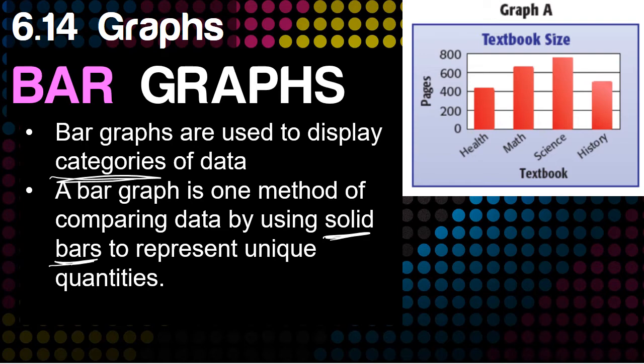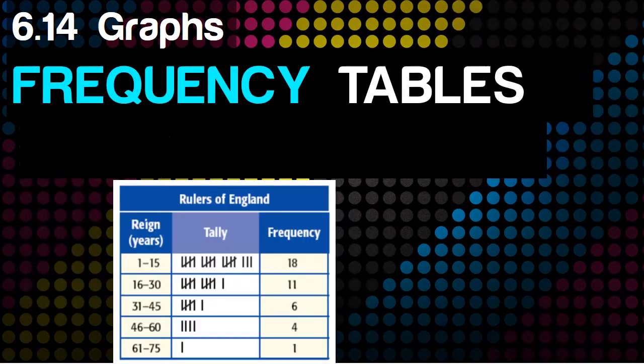And so here we have textbooks: health, math, science, history, and then vertically are the number of pages. And we can see that poor math book has over 600 pages, and your science textbook almost has 800. And so this bar graph gives us some useful data as far as using different categories.